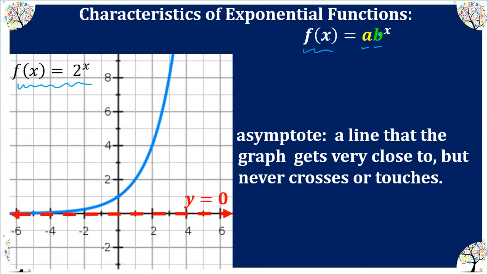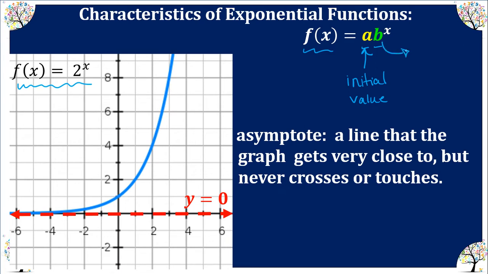Now notice that our input value is the exponent. That's what makes this an exponential function. So let's talk about the a. In your notes, make sure that you write the a value is the coefficient of our exponential factor here. So a is considered the initial value. And when we get to word problems, this will make more sense. But your a value is the initial value.